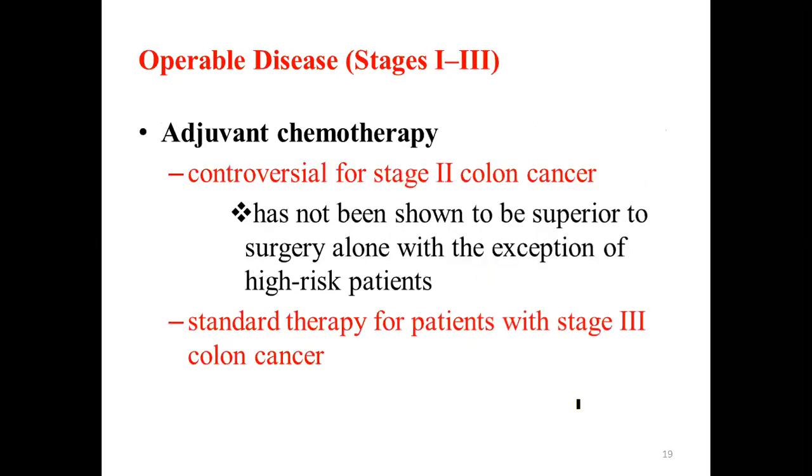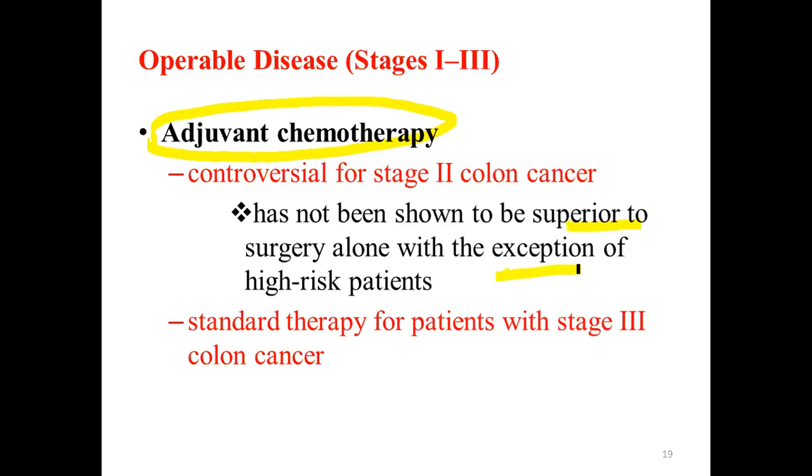That is why in stage 1 colorectal cancer, most of the time we don't consider adjuvant chemotherapy. The use of adjuvant chemotherapy in stage 2 disease is usually controversial, because studies have not shown it to be superior to surgery alone, with the exception of high-risk patients.